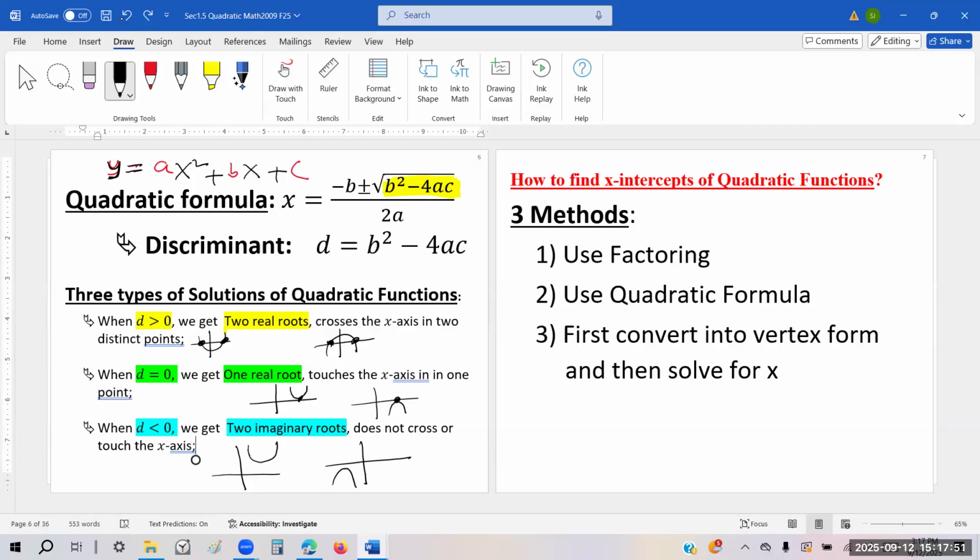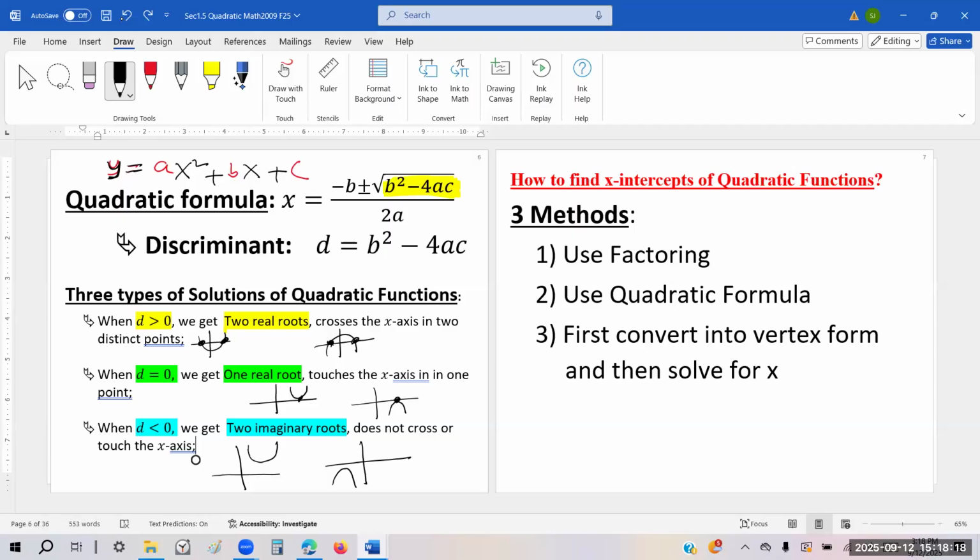If it's not factorable, you can use the quadratic formula. You use the quadratic formula and solve for x, but that means you have to memorize the formula correctly. And then you have another choice: convert them into vertex format and then solve for x. You have many other methods actually. You can use the complete the square method, or you can use the graphing method.